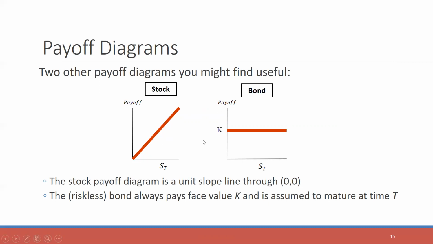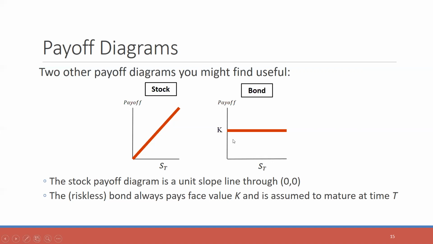Let's look at the payoff of a risk-free bond. Why is it like this? Well, suppose that the risk-free bond pays some face value K, and it's assumed to mature at time T. So this is all relative to maturity. If I have a risk-free bond, it doesn't matter where this falls at.